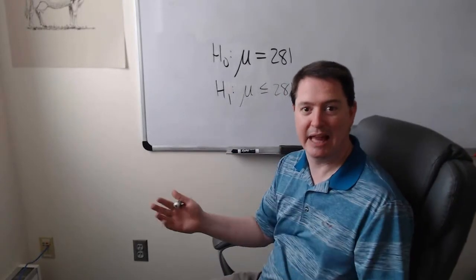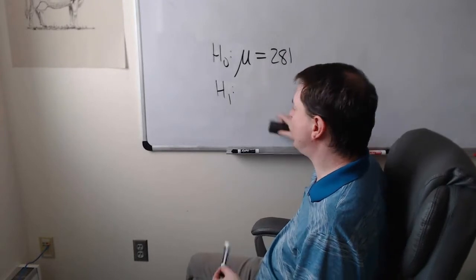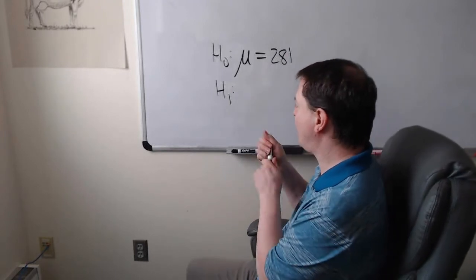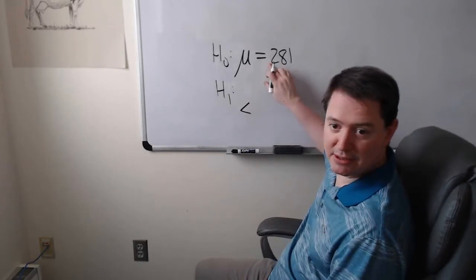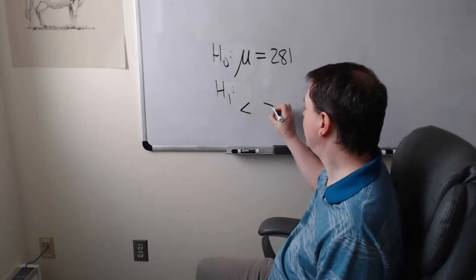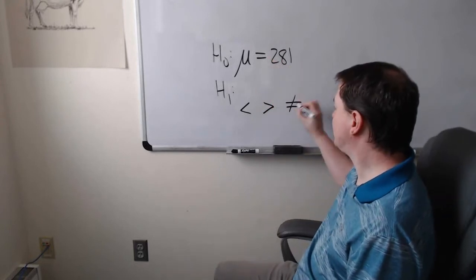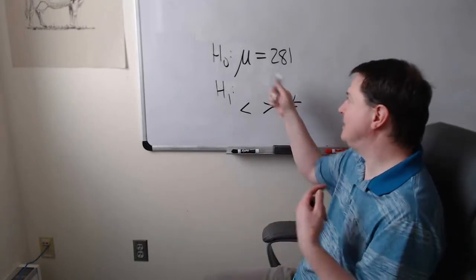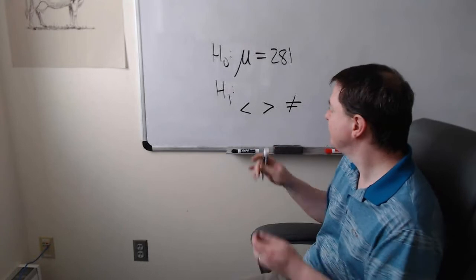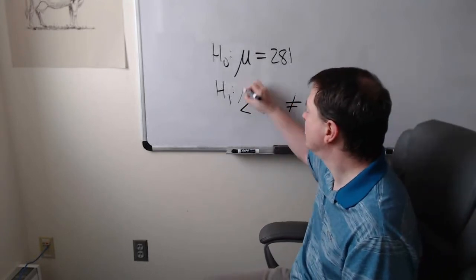I can't allow that. So there's only 3 symbols that I can allow in this alternative hypothesis. Less than, that would certainly contradict equaling something. Greater than, that would also contradict. Or just doesn't equal. Like, I'm not sure if it's less or more, but it certainly is different. It's not the same. And that's actually what I would have used in this case.